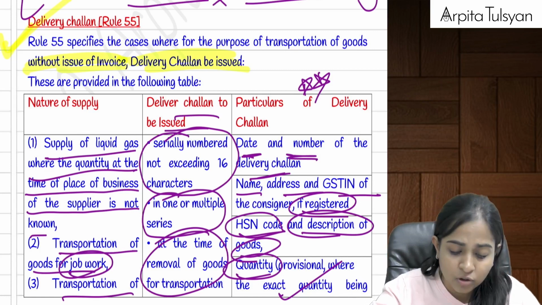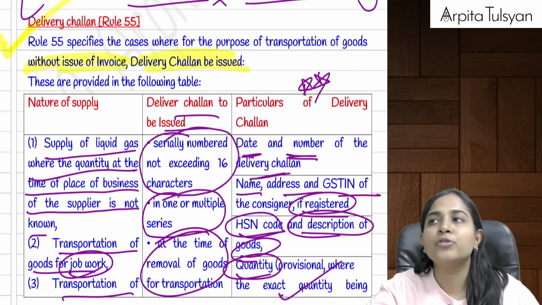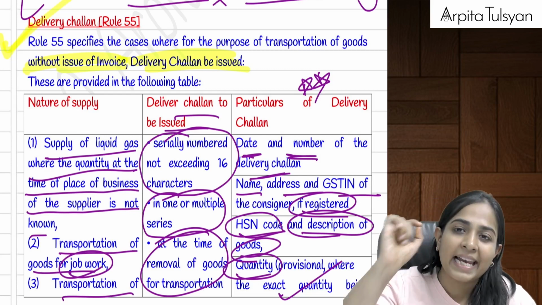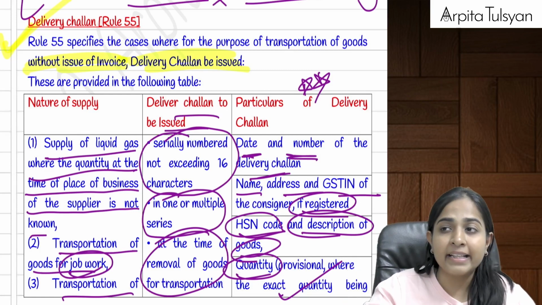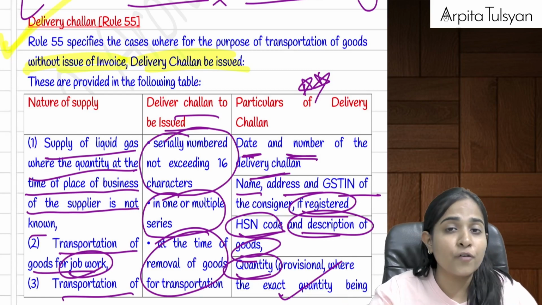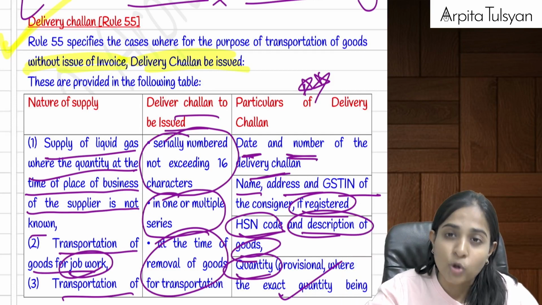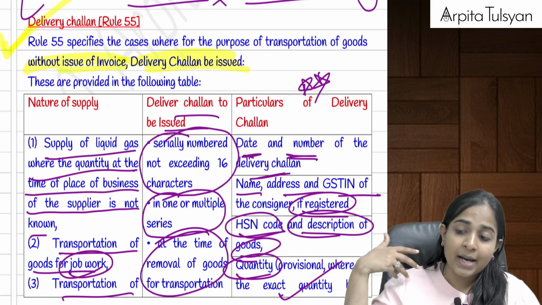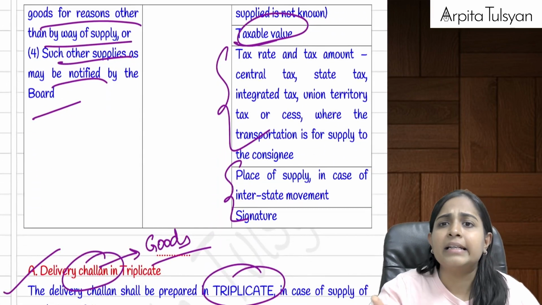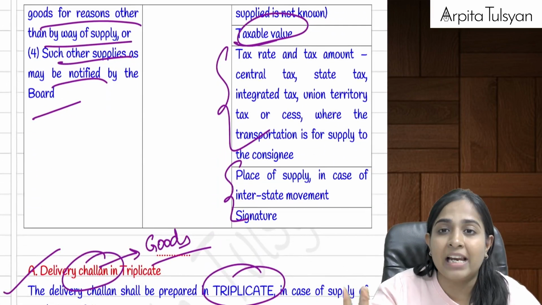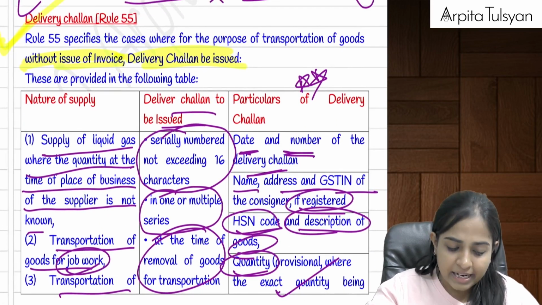It is generally used in cases where you are not selling the goods but sending them. For example, when the quantity of supply is not known, or when I am sending goods to my job worker, or on a sale or return basis, or any other case where it is not leading to a sale or supply, then a delivery challan will be issued.